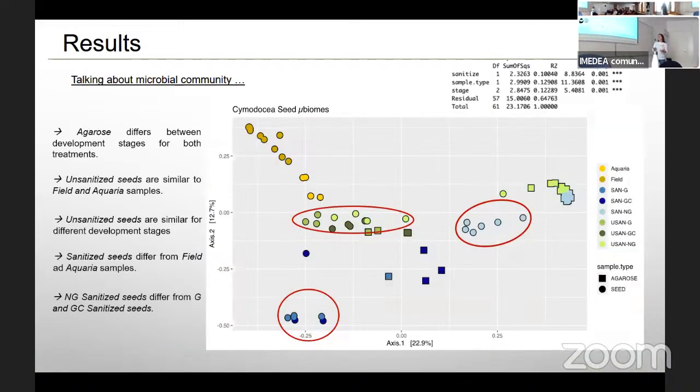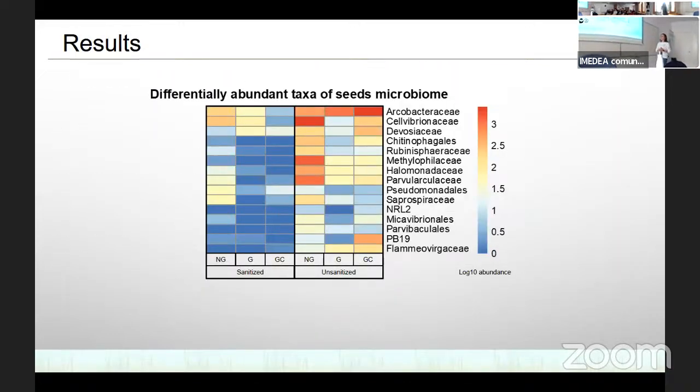And this is an interesting thing, and that is why I want to finish with this figure, because we know that the richness is different. There are different germination rates for both treatments, and also the microbial community is different. And now we want to know who is driving these differences.